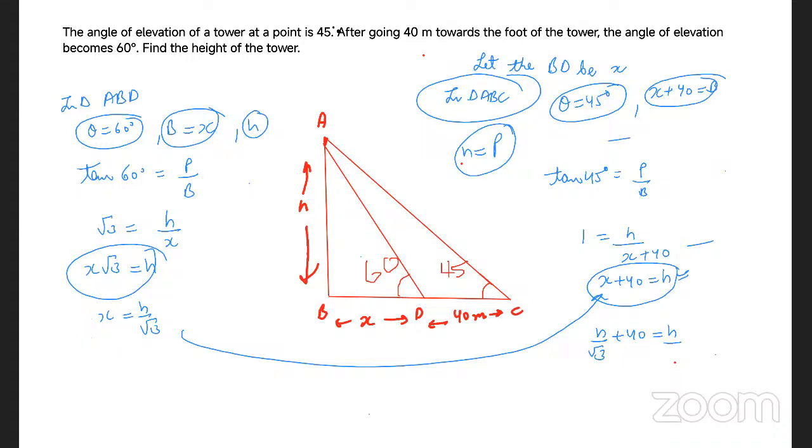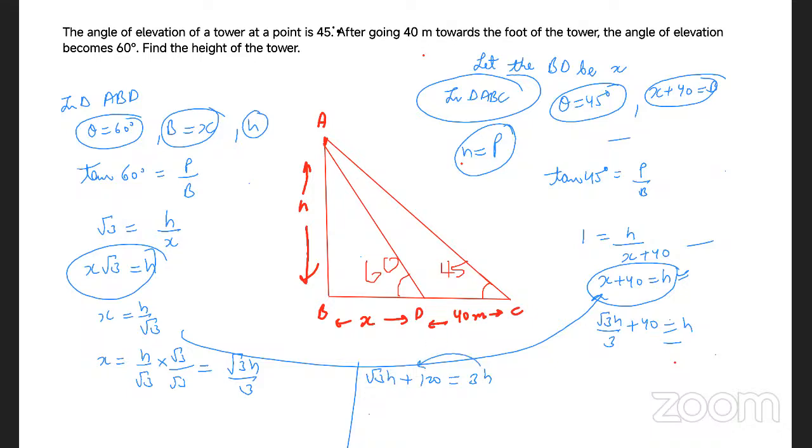I'll first rationalize it also so that it can be easy for you. So x will become h upon root 3 into root 3 upon root 3. It will become root 3 h by 3. So I will put it here directly: root 3 h by 3 plus 40 equals h. So it will become root 3h plus 120 equals 3h.